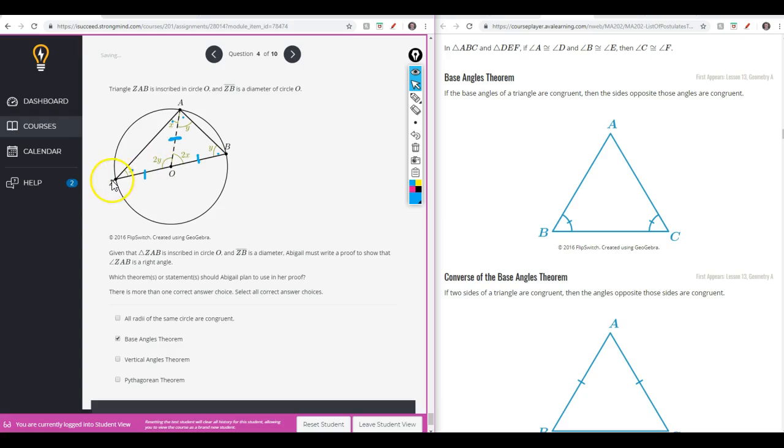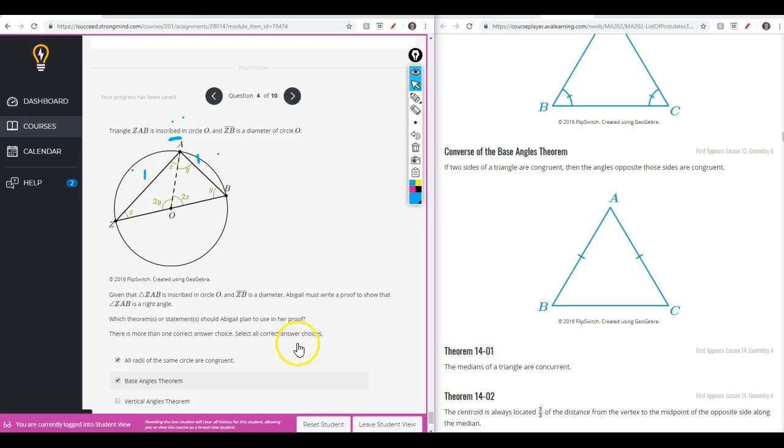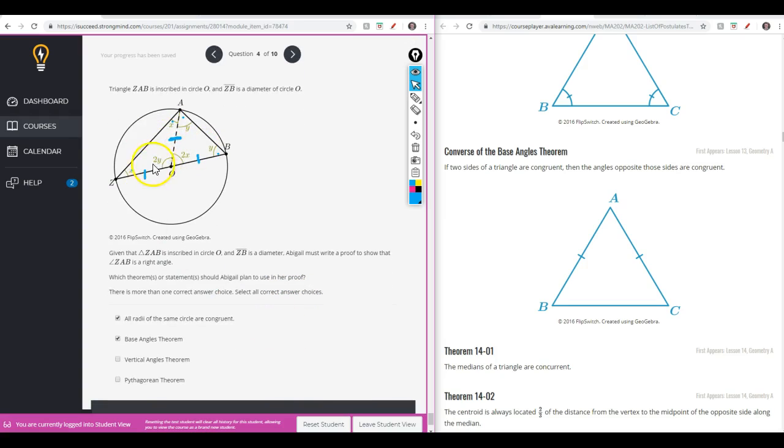And then noticing that ZO and OA and OB, those are radii, so all radii of the same circle are congruent. That is what we would use, because then if we know that, then we know that angle y is opposite a radius length, and angle x is opposite a radius length.